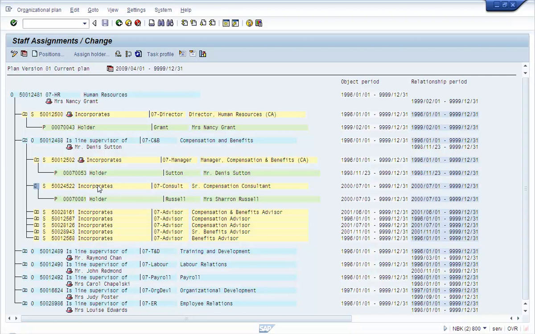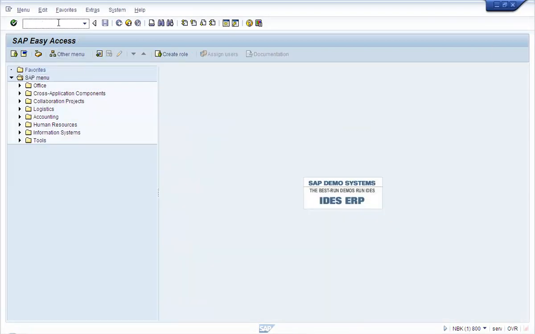So the definition of an evaluation path determines the start object and which object types, using which the relationships are selected. Let us go and take a look at the evaluation path OSP. The transaction code for creating or maintaining the evaluation path is OOAW.